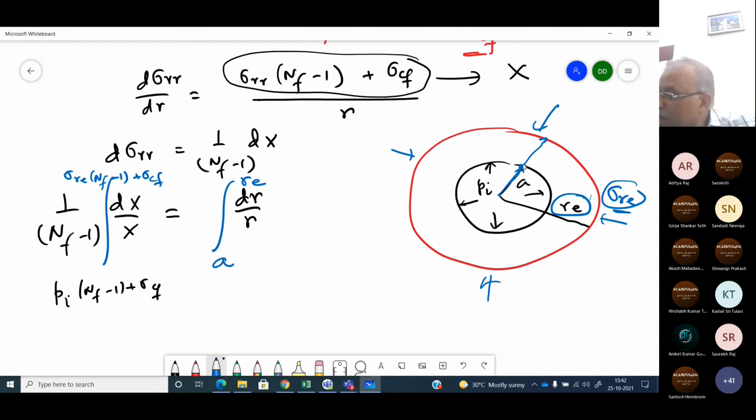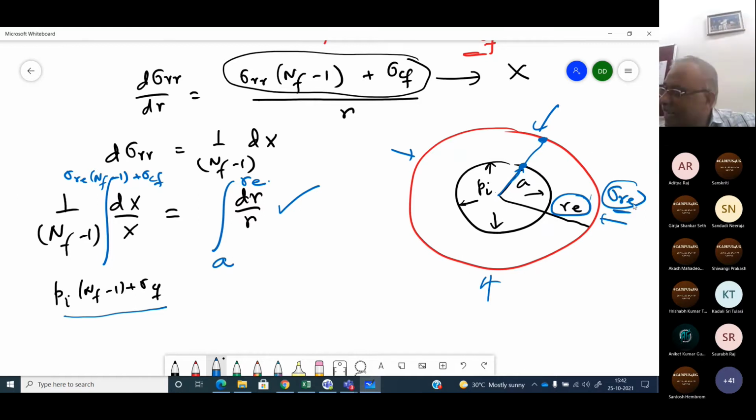So R is going from here to here only, A to RE, correct? Now at A, what is my boundary condition? Let's say I applied an internal pressure, PI. So this PI, if I give, will be the value at A.